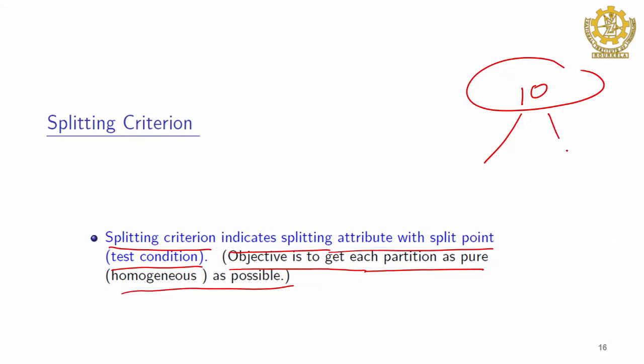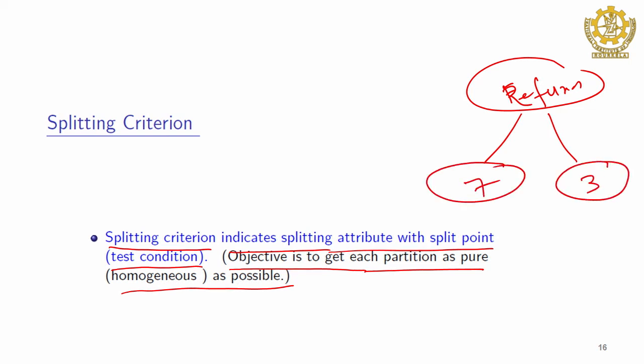Let us say you have initially 10 objects here, now you partition them using some attribute, say refund. Now, you put yes and no. Here is 7 and here is 3, because the yes value of refund is 7 and the no value is 3.